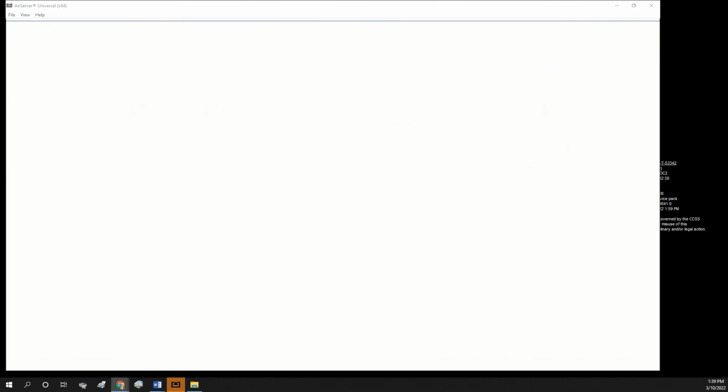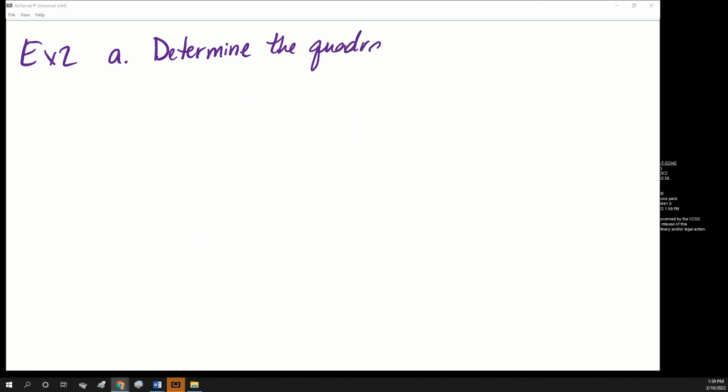We're going to do a way longer problem. This one has multiple parts to it. So on example 2A, we're going to determine the quadrant in which u over 2 lies.